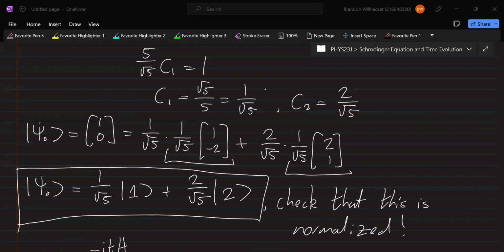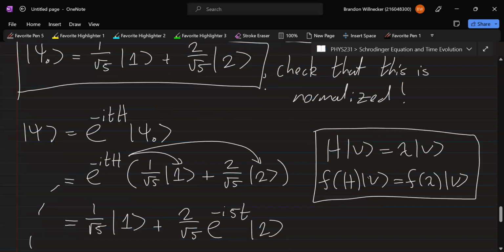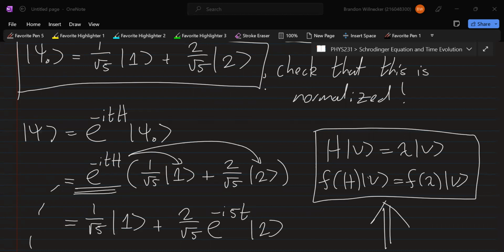How does that help? Well, if we write the state vector in terms of the eigenvectors, then this operator acts on the eigenvectors very easily using this on the right-hand side. So that is a good reason for why we used that particular basis.